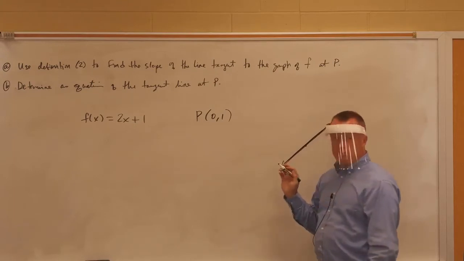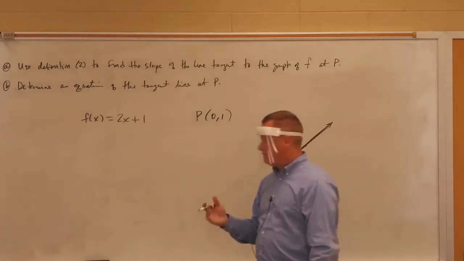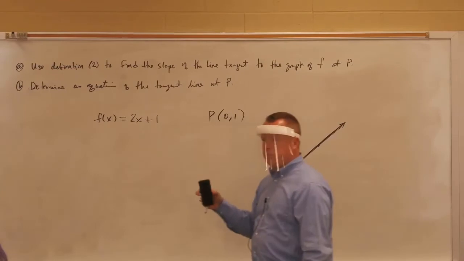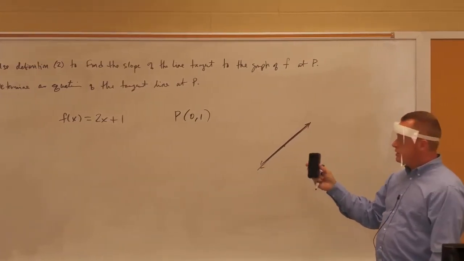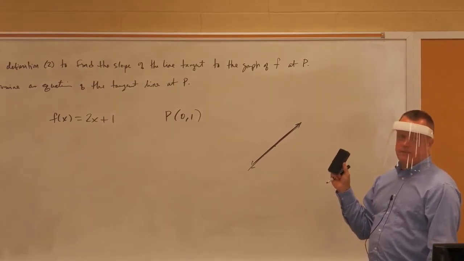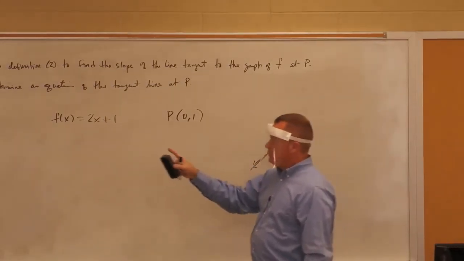It's going to be the same slope. Anytime you've got a line, the slope of the tangent line is the same slope as the line. So what should the slope of our tangent line be? Should be 2.